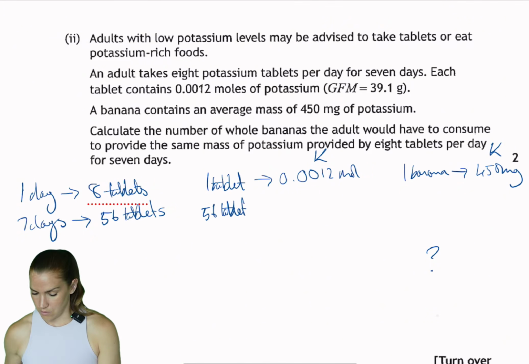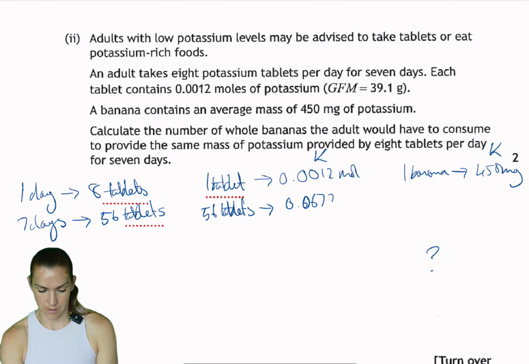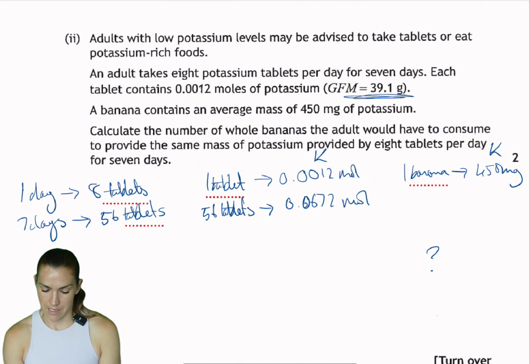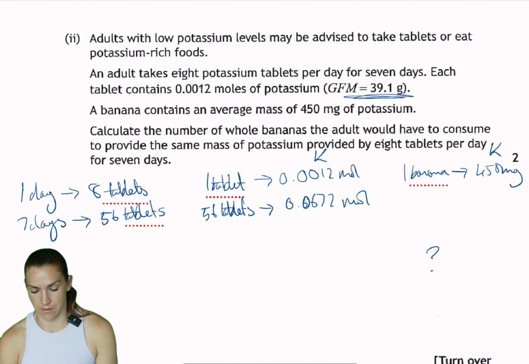So we would do 0.0012 times by 56, and that gives us 0.0672 moles. But now we need to convert that into a mass. We know the GFM of potassium is 39.1. To convert that into a mass, we would just times the moles by the GFM.